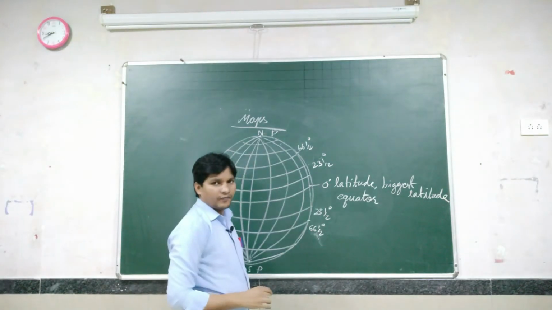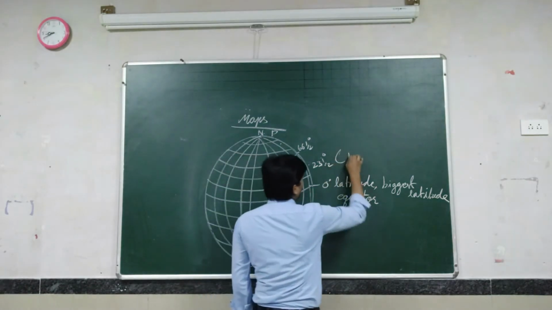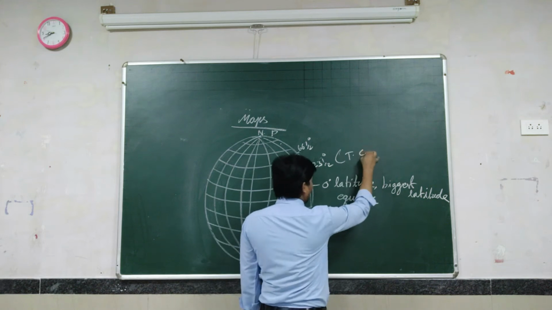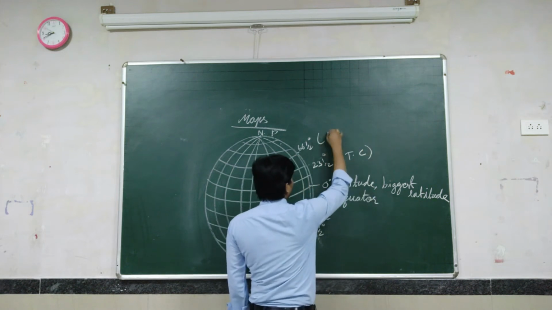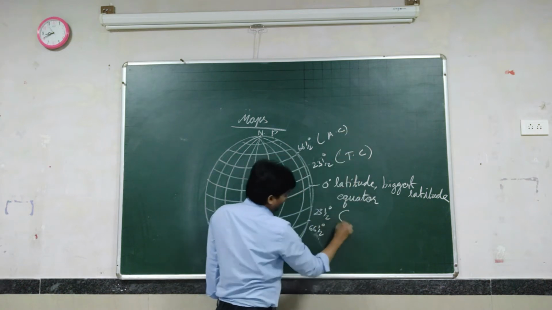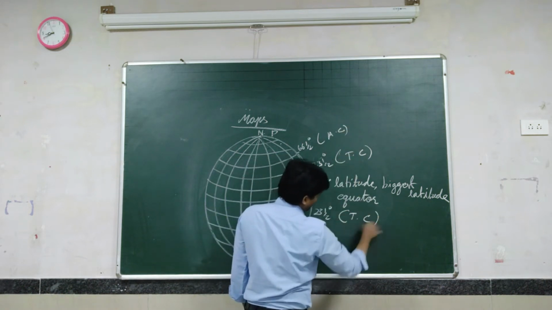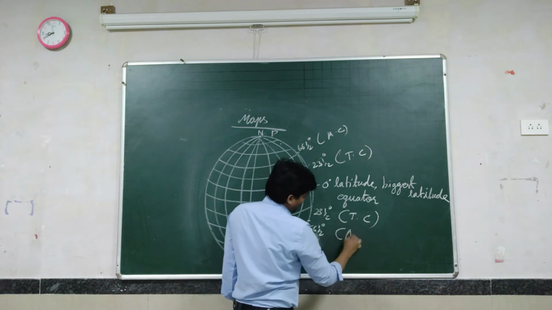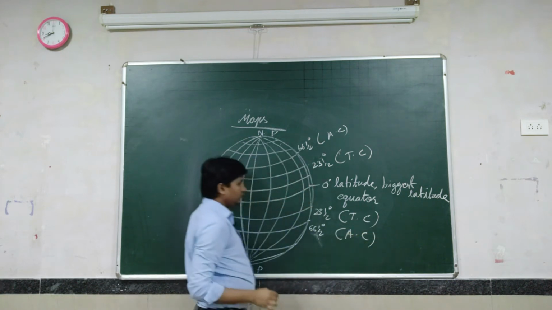This is called the Tropic of Cancer. This is called the Arctic Circle. This is called the Tropic of Capricorn, and this is called the Antarctic Circle.